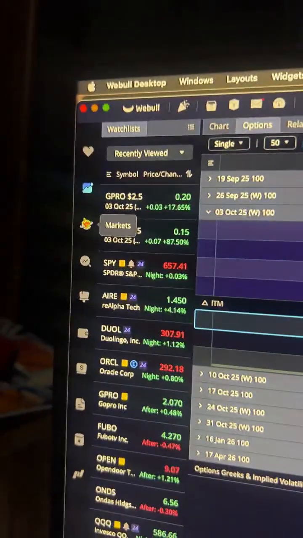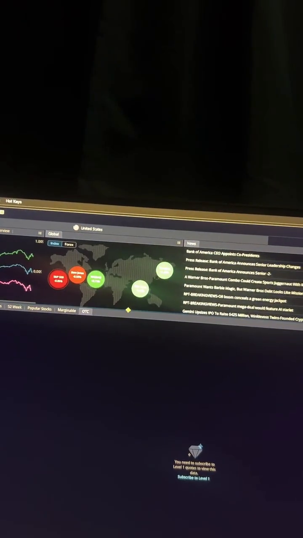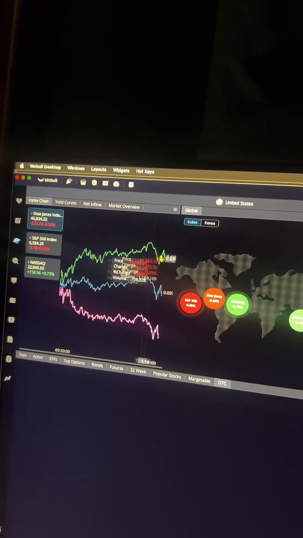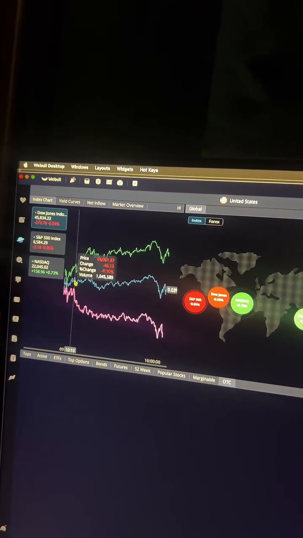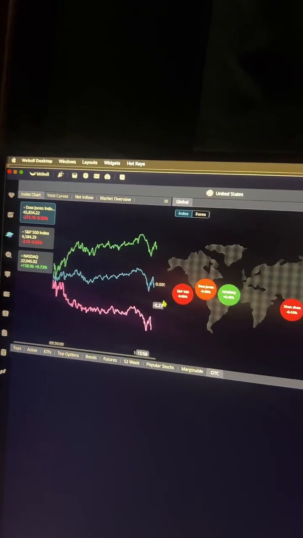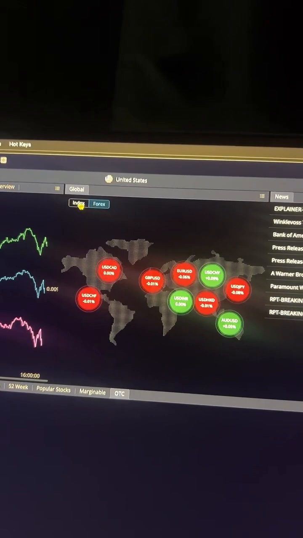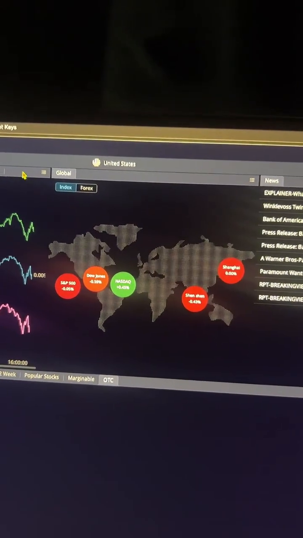So now over here, we also have markets. You click on markets and it'll show you some information about the markets. It'll show you where all three are at right now as far as the NASDAQ, the S&P, and the Dow Jones. You can also come and see an entire map of the Forex, and you can see the indices.